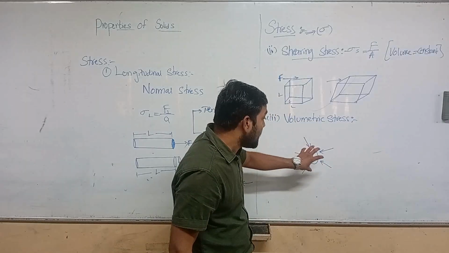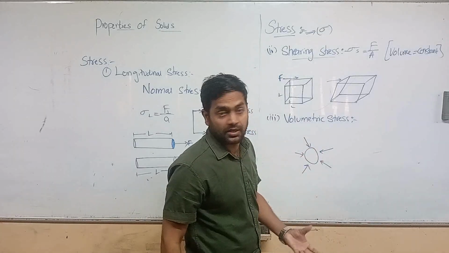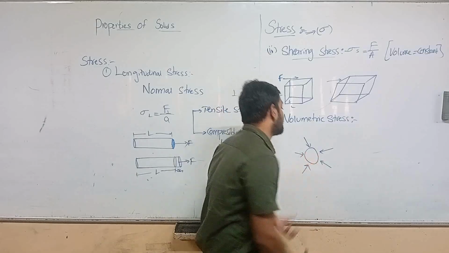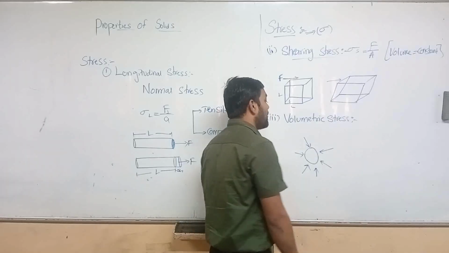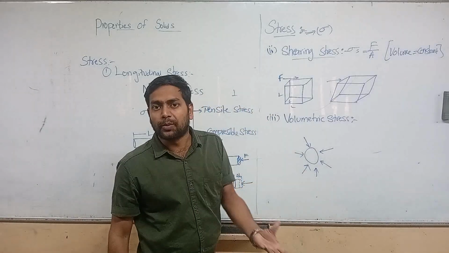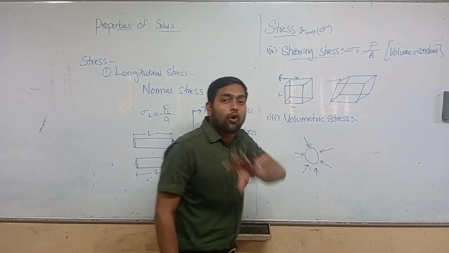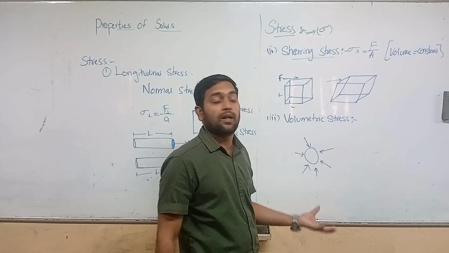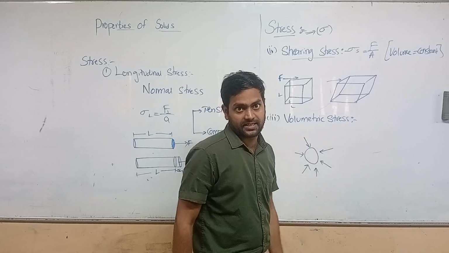Then the original configuration of this object is going to be changed, so the volume of this object is going to be changed. If the force is applied in all the directions to the object, then it is said to be the volumetric stress.